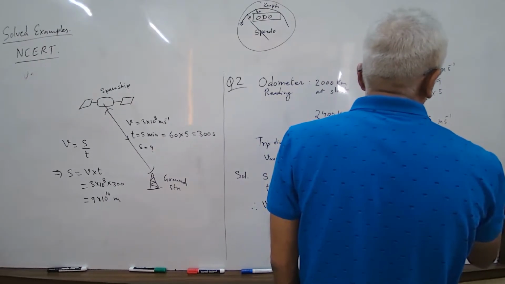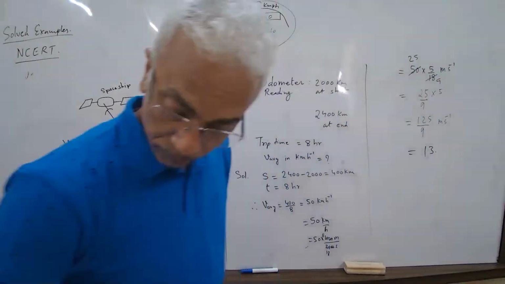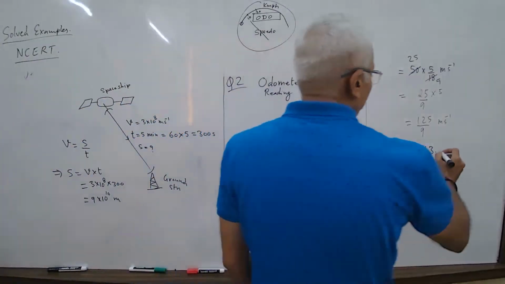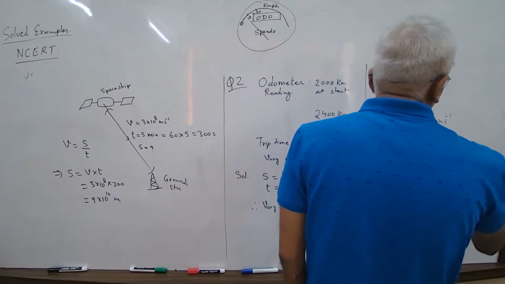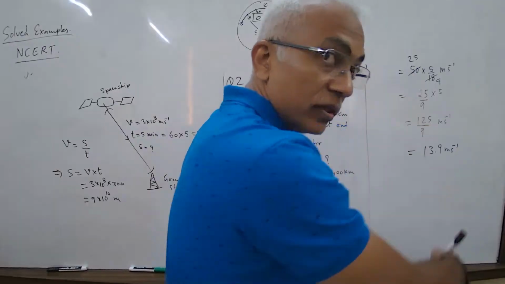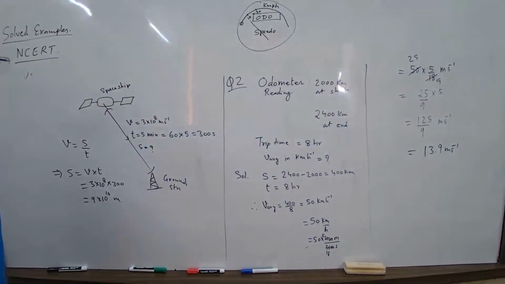So it is 3, 27. 13 point something. 13.9. 9 fours are 36, it is only 35. Okay.